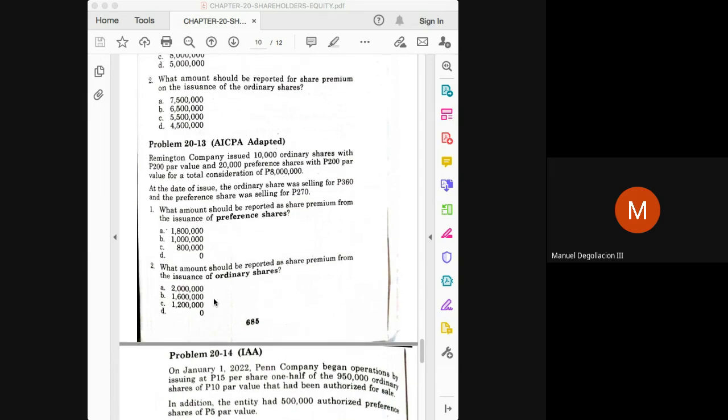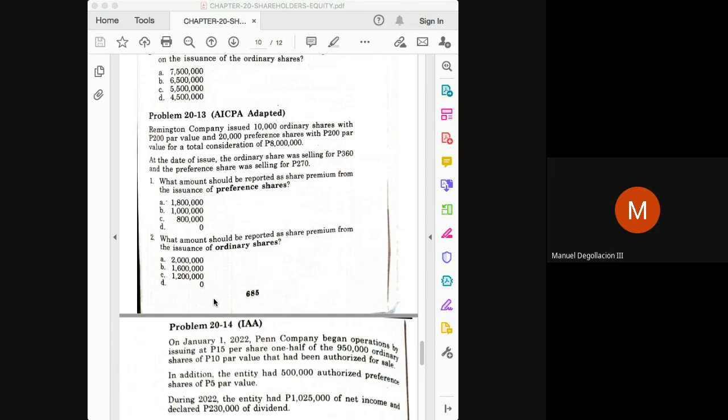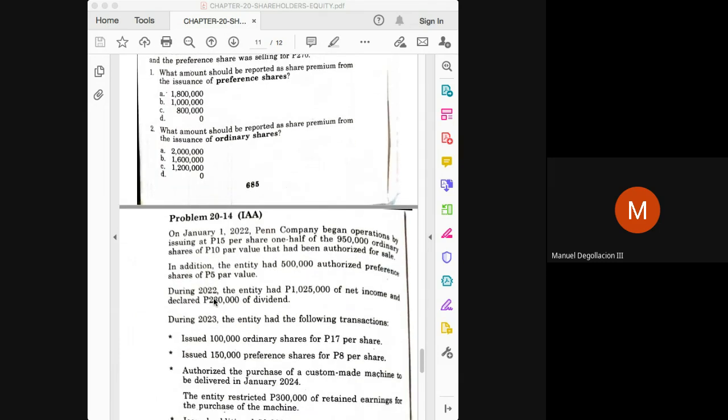Remember, problems 20-12 and 20-13 deal with issuance of financial instruments for a basket price. 20-12, debt and equity. 20-13, two kinds of equity instruments.